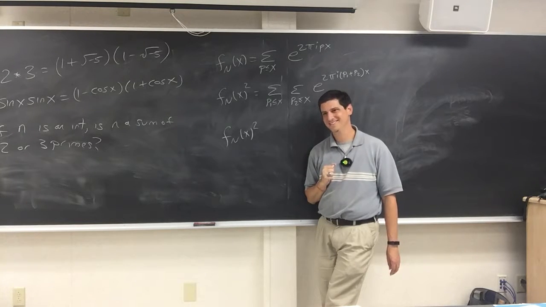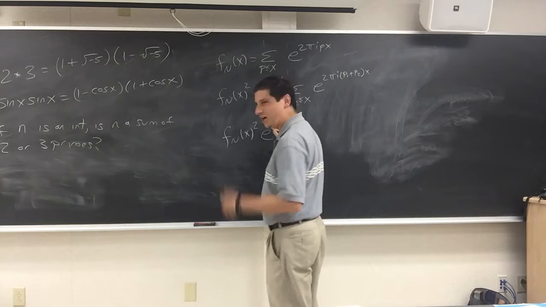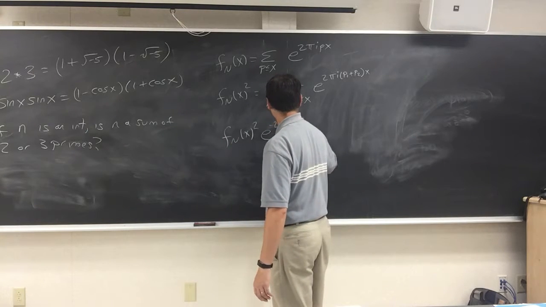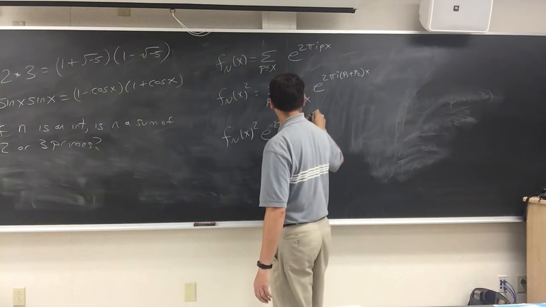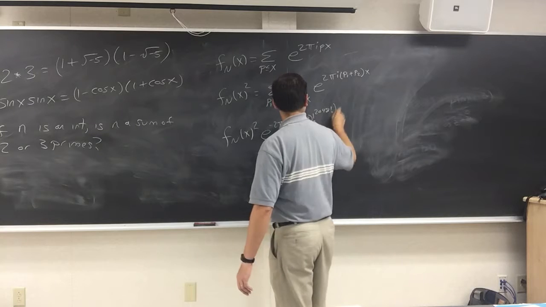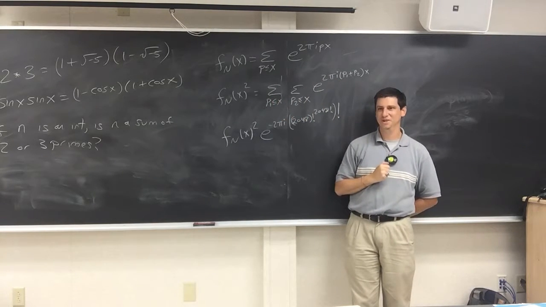I'm sorry, what was your number? 2048. Yeah, it's not large. So I'll do something closer: e to the negative 2 pi i times 2048 factorial, and I'll take the factorial of that. That's a good large even number.